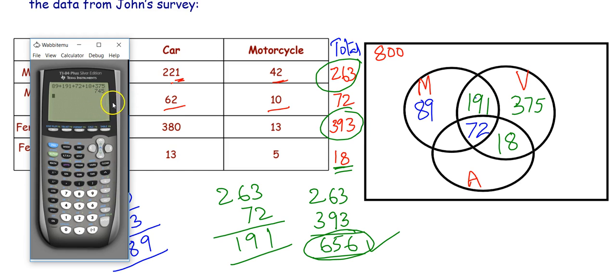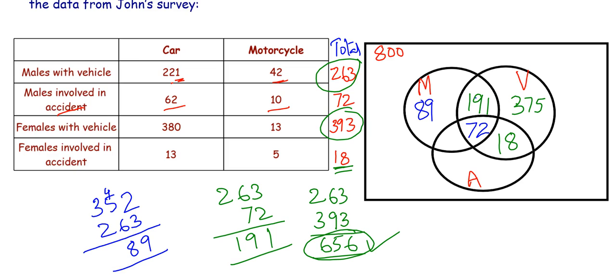So that is 745. Now from 800, take away 745. That gives you 55. So that number 55 I can write outside those three sets. So those are the females who do not own a vehicle. And now the total, of course, it is going to be 800.